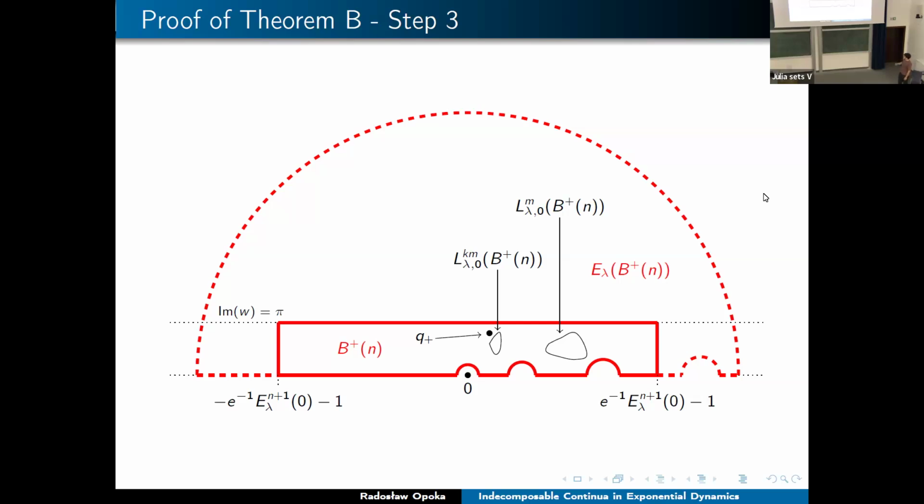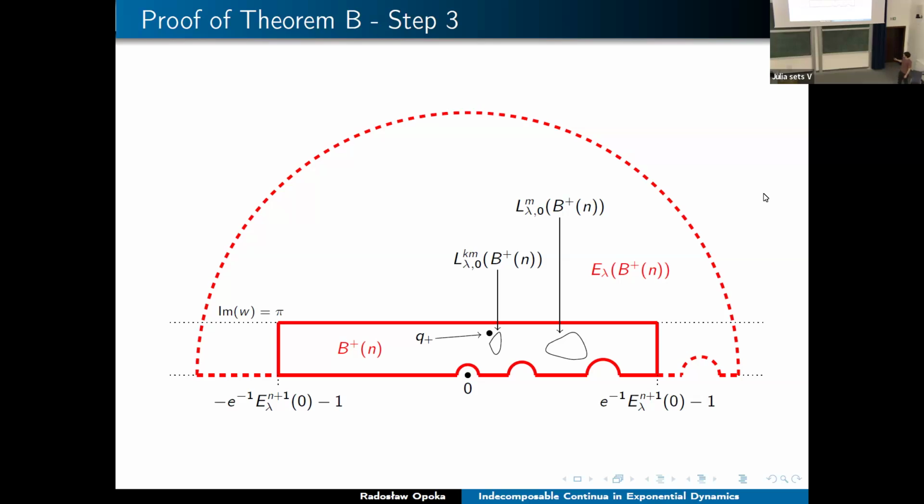So if we go in the second direction, if we take the logarithm, which takes us from the complex plane to the R0 strip, so logarithm L lambda 0, then we are inside the B plus of n. But this is not enough because we want to be inside the interior of the B plus of n.